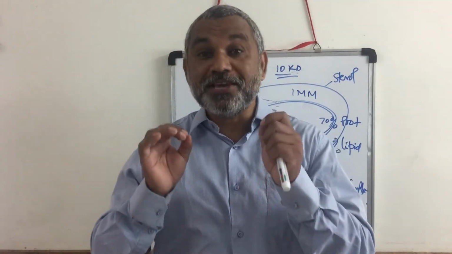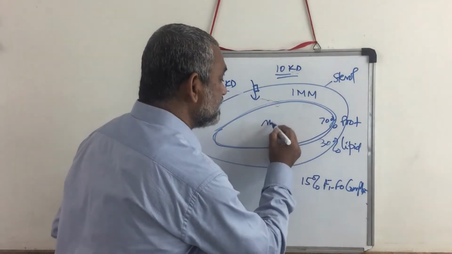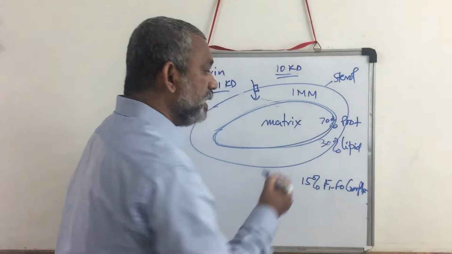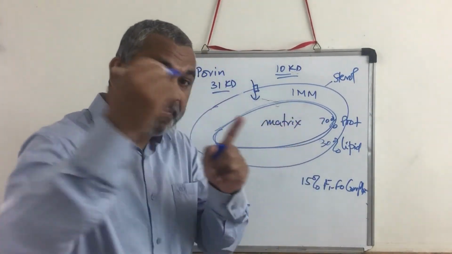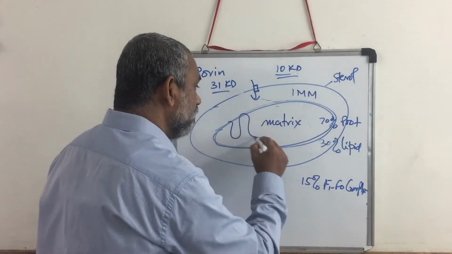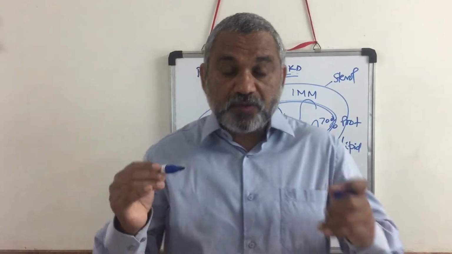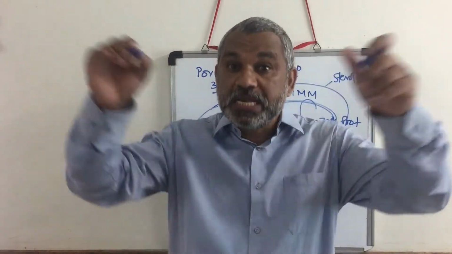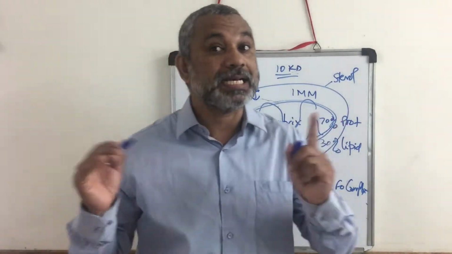Let us look at the inner portion of the mitochondria, which is known as the matrix. What happens is that the inner membrane invaginates, and the purpose of the invagination is to increase the surface area. These invaginations are what is called cristae.